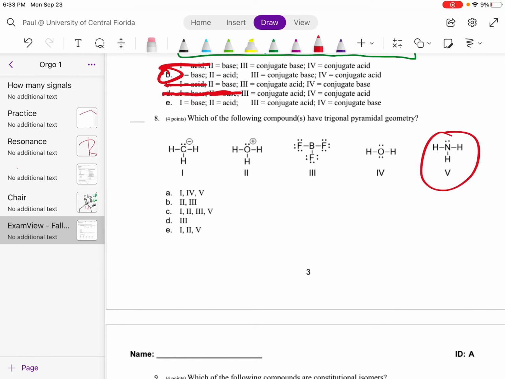We know water, that's a bent shape, so that's not it. The carbanion also has, that one there.